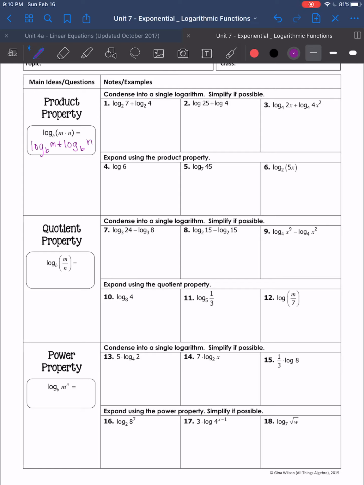So if I wanted to condense them into a single logarithm, for this first one I have log base 2 of 7 plus log base 2 of 4, so I can have log base 2 of 7 times 4, which is log base 2 of 28.